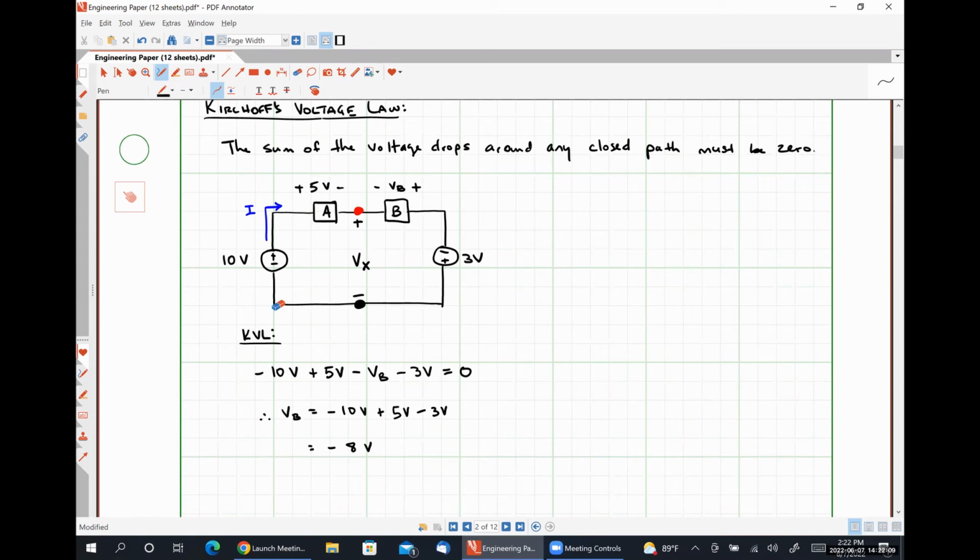How could we go about writing a KVL expression to solve for this voltage? Well, even though there isn't a current that's going to flow down through that open circuit, we can still apply Kirchhoff's voltage law in pretty much the exact same way, okay? So our second application of KVL here to determine this voltage Vx will be very similar.